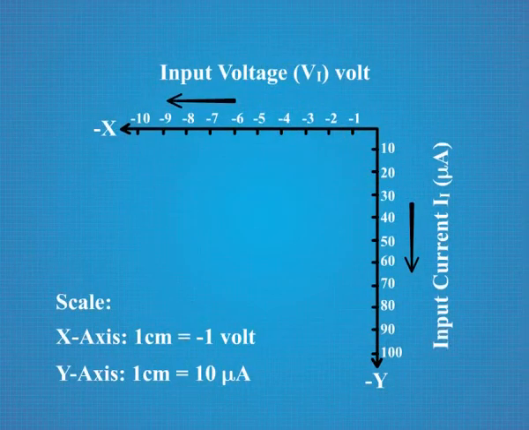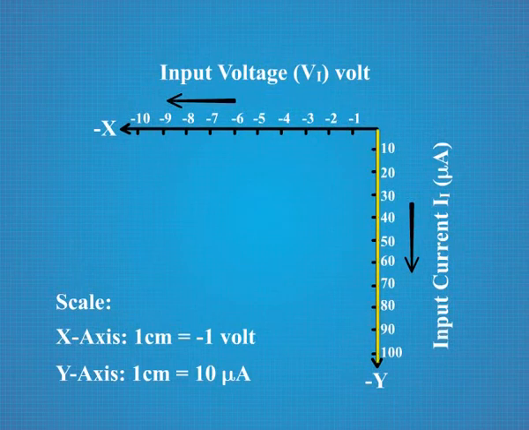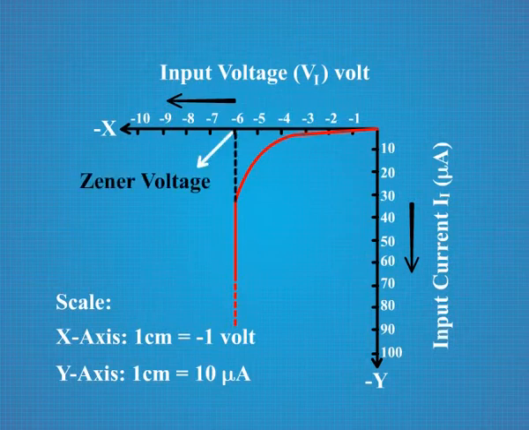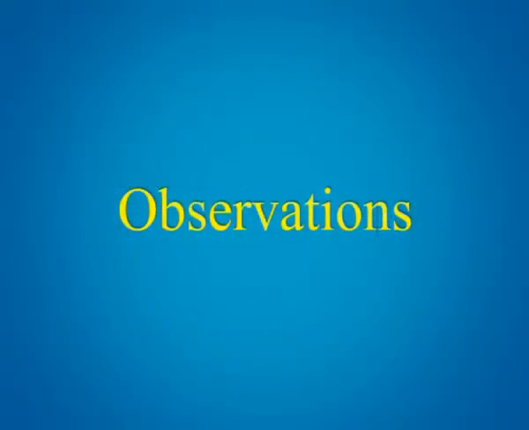Draw a graph of input current along the y-axis and input voltage along the x-axis. The graph will be as shown in the figure here. Then record in your notebook under the heading Observations.